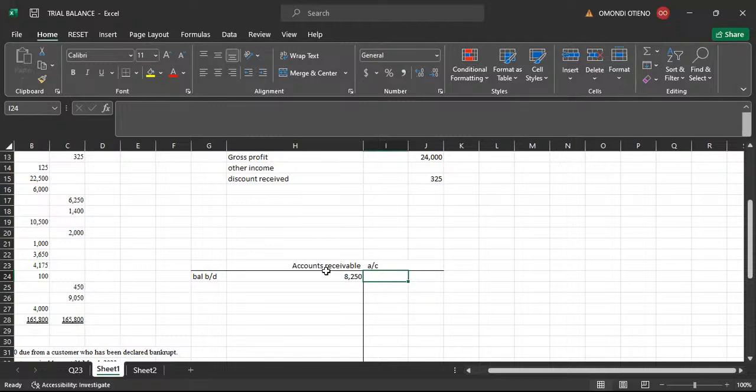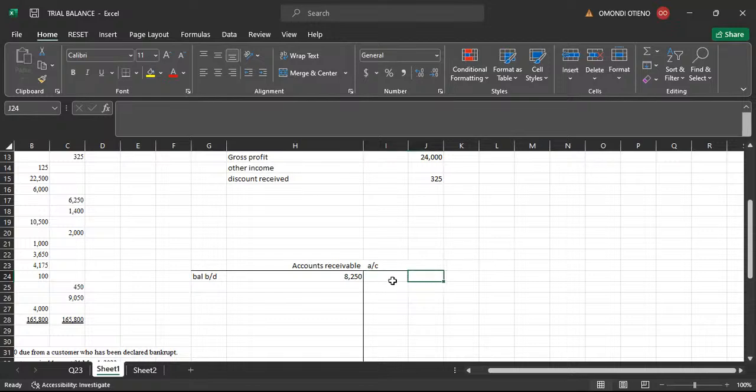The accounts receivable, we are expecting 8250, but someone has already given us signs that they are not going to pay it. Why? They have been declared bankrupt. So we are going to reduce it by 250,000, I mean 250. This 250, they are not going to pay us.